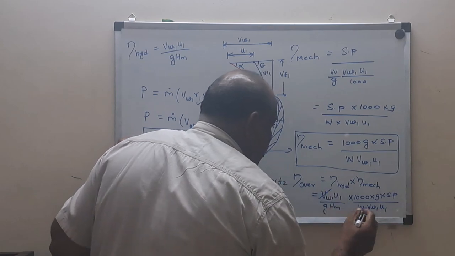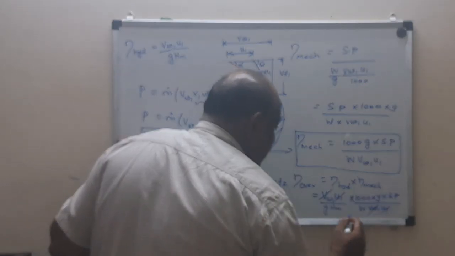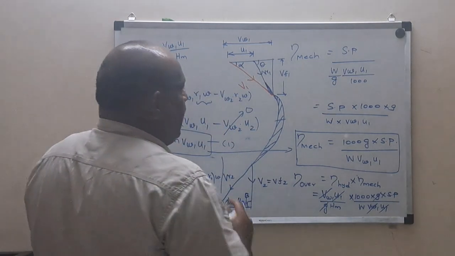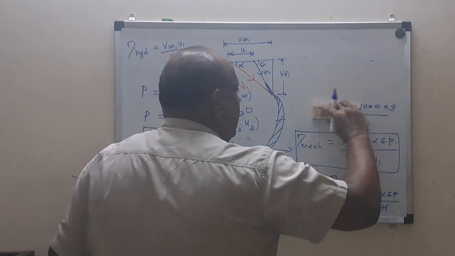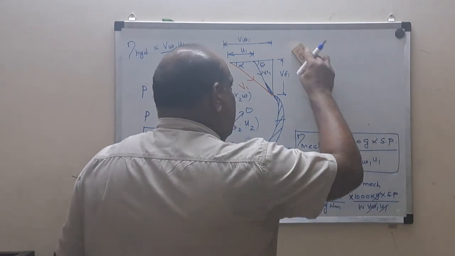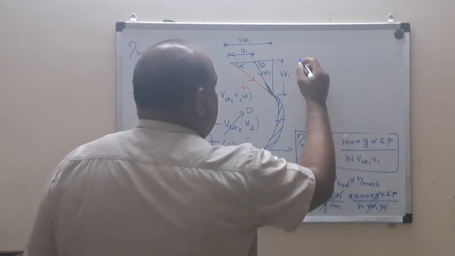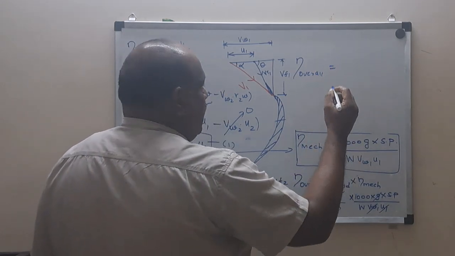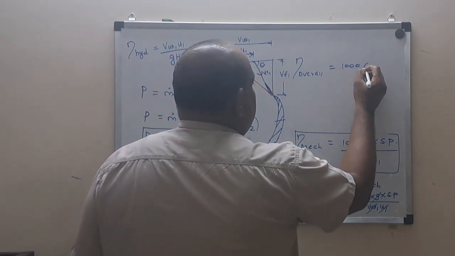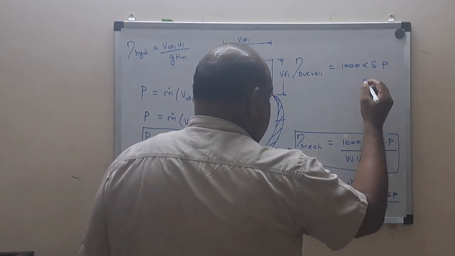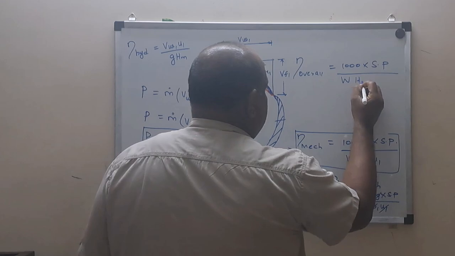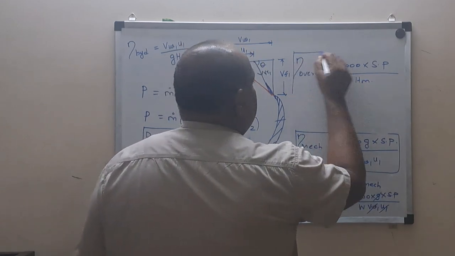So we can strike off VW1 U1 and G, and finally we will end up with the overall efficiency given by 1000 into shaft power by W into HM, the manometric head.